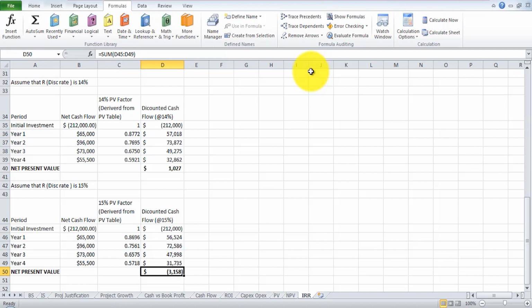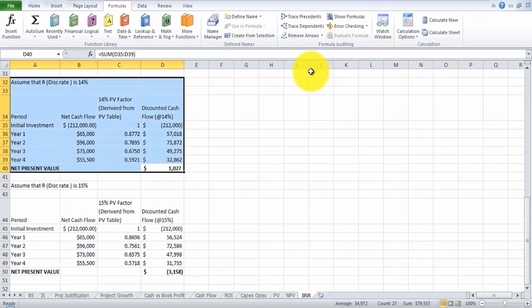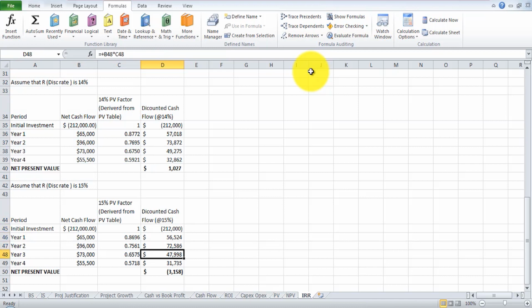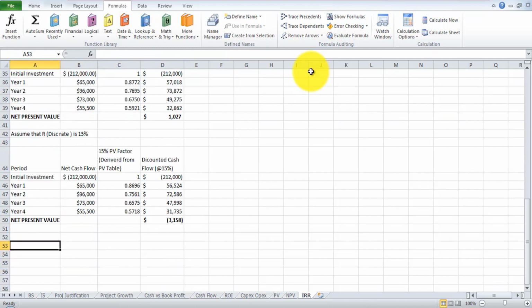So we can safely conclude that the internal rate of return for this project is at 14%, ideally somewhere between 14 and 15%. But if we take 15%, the difference is huge. It goes to 3,000 negative. So the closest value to zero as of now is $1,027 precisely.